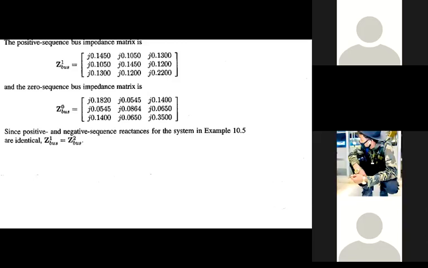From where can we start the journey to determine Z bus? Which types of diagram do we need? The single line diagram. We can start from the single line diagram as well as from the impedance diagram.